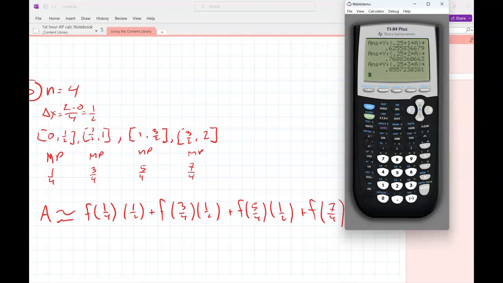Everybody okay with that? Notice, did I really need to compute each individual midpoint when I typed into my calculator? No, man. I just needed that very first midpoint for the first interval, and then I'm just adding that many delta x's to each spot.